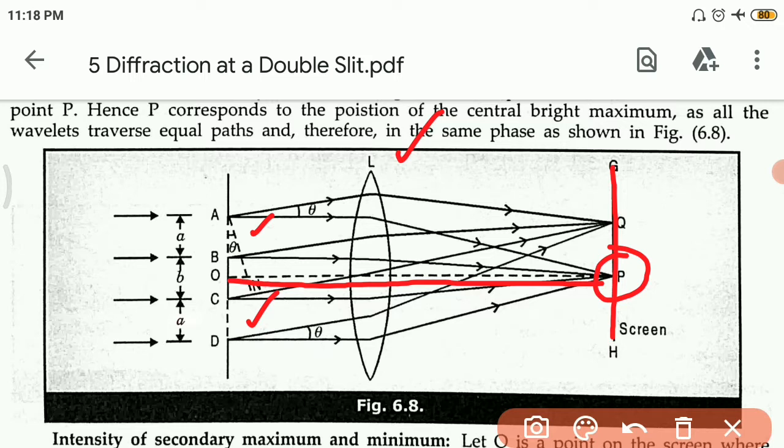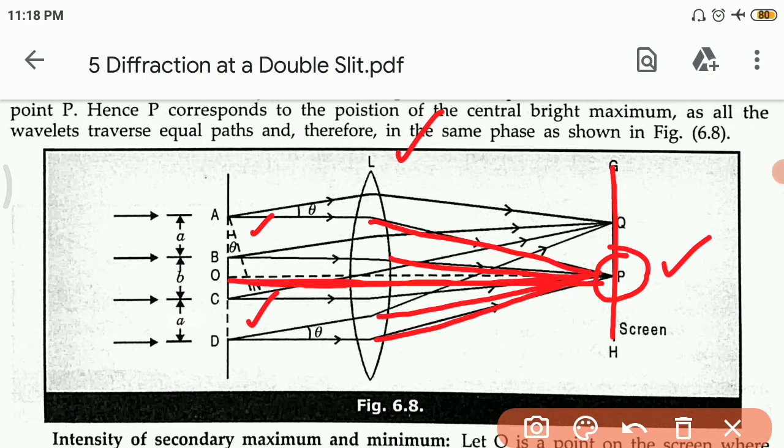We have studied this. Then the secondary wavelets which are traveling in the direction parallel to OP, they will come to focus at the point P here, okay, and there will be no phase difference, there will be the same phase, because they will traverse equal paths. So naturally this point P will be the central bright maximum, okay.